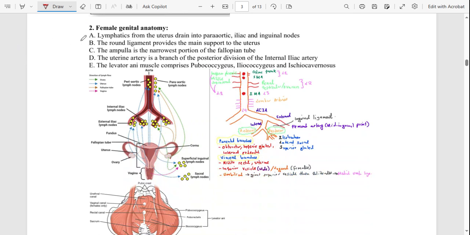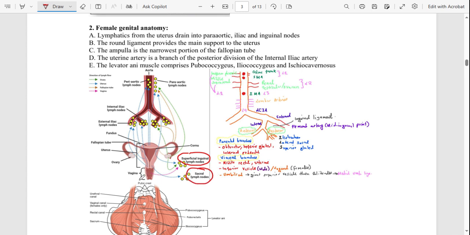So A is saying lymphatics from the uterus drain into the para-aortic, iliac, and inguinal nodes. You can see this here is showing the uterus and the vagina. The cervix is actually part of the uterus. From the vagina, the lymphatics are going to go to the superficial inguinal nodes and the sacral nodes.